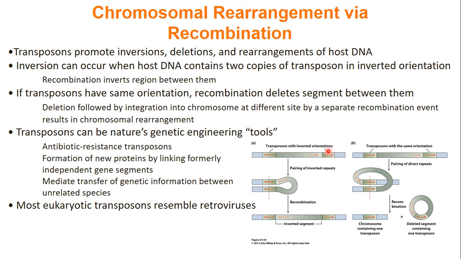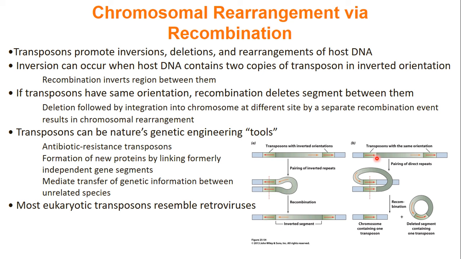What can happen is that your different direction transposons can pair up, and then it can be resolved, and your gene, which originally was going from left to right, will now switch orientation, where it's now going from right to left.